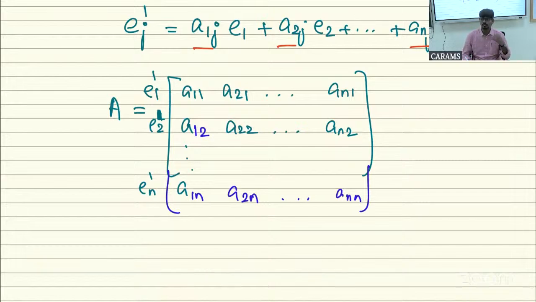Yes, you can change it, no problem. Since there we wrote A1j, A2j, here we have J1, J2. Correct, those coordinates are coming.